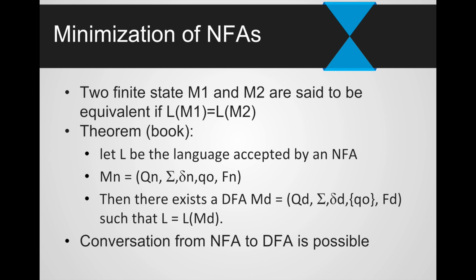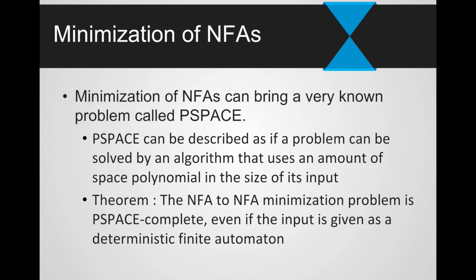Then if we move to minimization of NFAs, we know from class that two NFA machines are said to be equivalent if the languages produced by both of them are equivalent. Based on that theorem, we know that the conversion from NFA to DFA is very possible and easy.